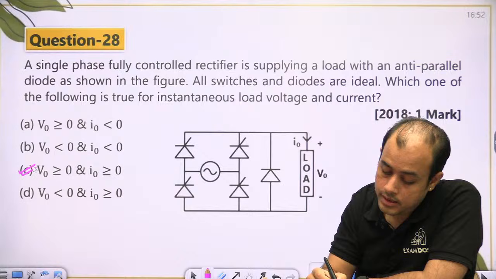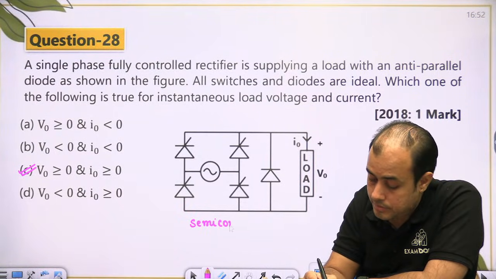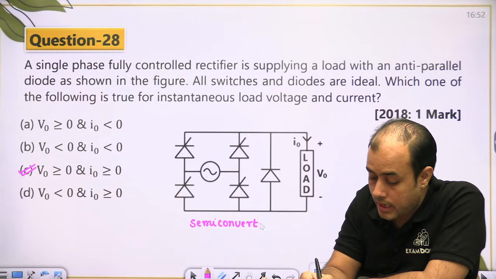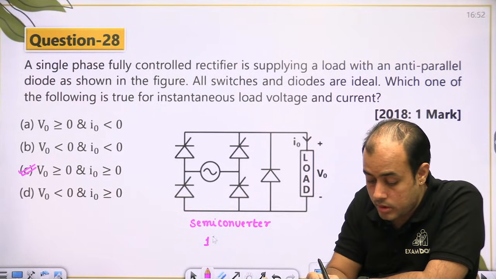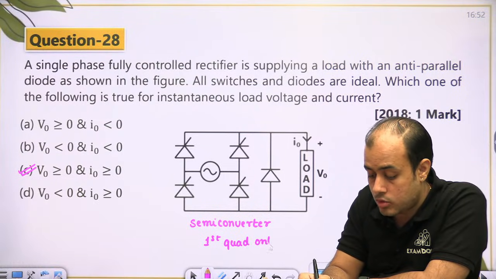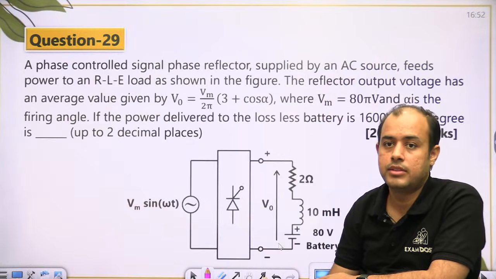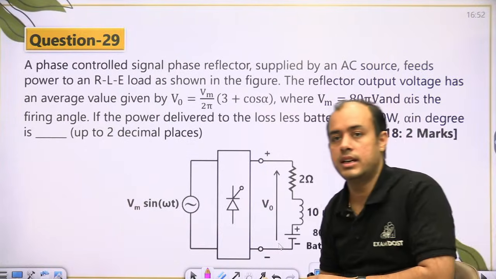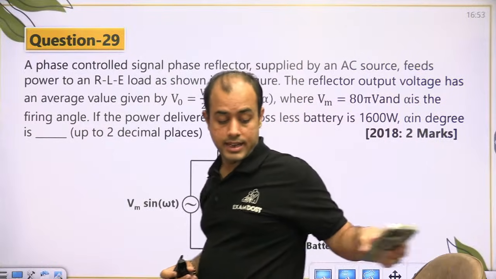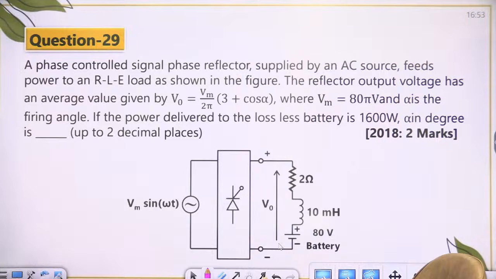Answer is C. It becomes a semi-converter when you have SCR plus freewheeling diode. So it will operate in first quadrant only. ओके, चलिए ट्राई द नेक्स्ट वन. आई नीड द वैल्यू ऑफ अल्फा. अल्फा निकालना है, बनाइए.